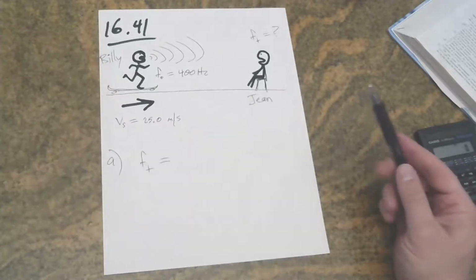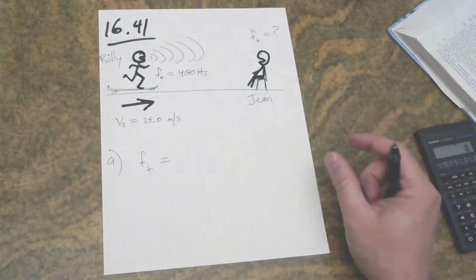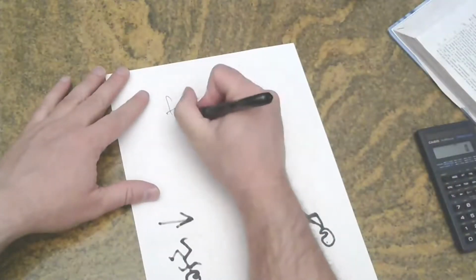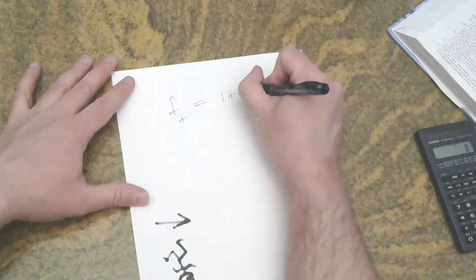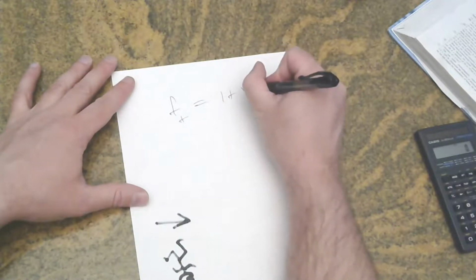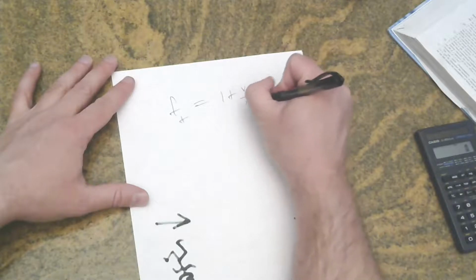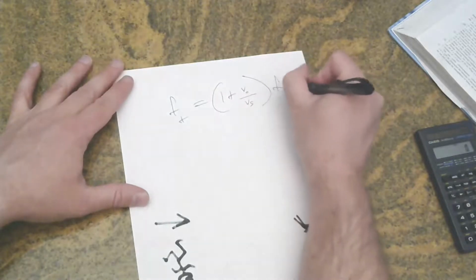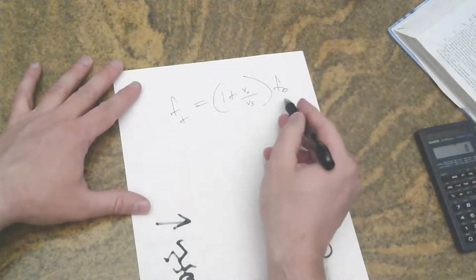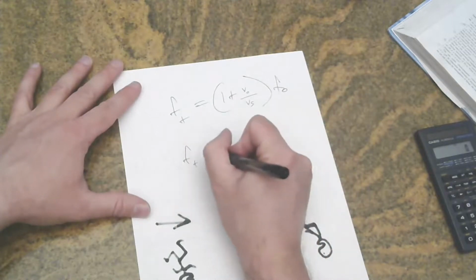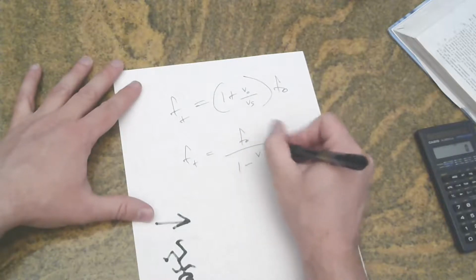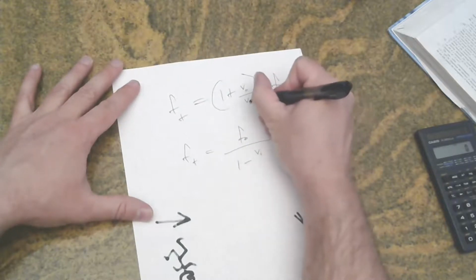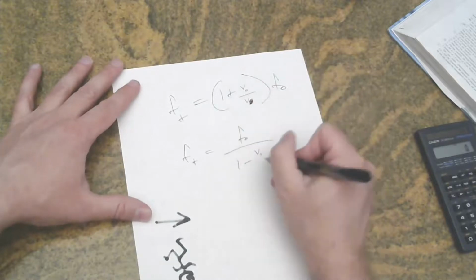Remember, when you're trying to decide whether you put the, you've got this possibility, 1 plus velocity of the observer over velocity of the source times the emitted frequency, or this one, F naught over 1 minus V. Oh, that's supposed to be just V. This is the speed of the wave through the medium.